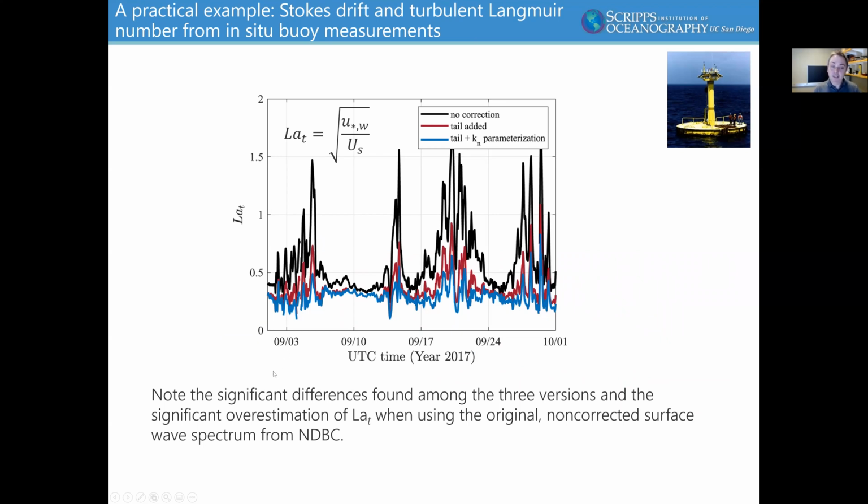And you find significant differences among all those versions, stressing the importance of the fact that you really need a good parameterization of the spectral shape of surface waves to compute Stokes drift. These are major differences depending on the way the tail is applied to those frequency limited spectra, which is quite remarkable and obviously crucial for coupled modeling.